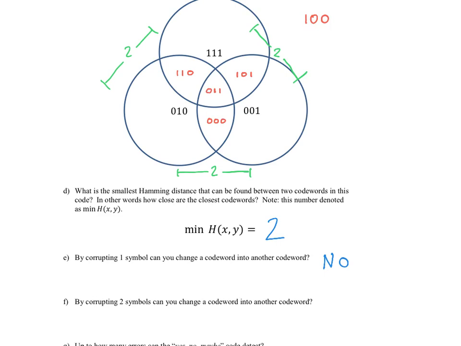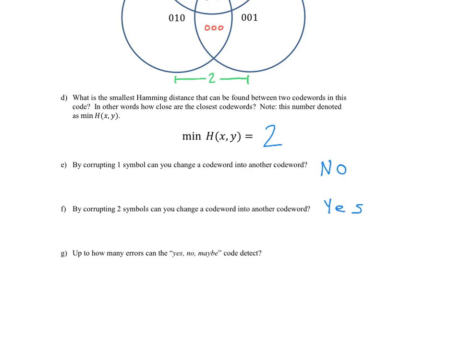So by corrupting 2 symbols, can we change a code word into another code word? Yeah, we can. Corrupting 2 of these 1s into 0s brings us to there. So this is where we get unsuccessful error detection. Too much can go wrong for us to do the detection. So up to how many errors can the yes, no, maybe code detect?